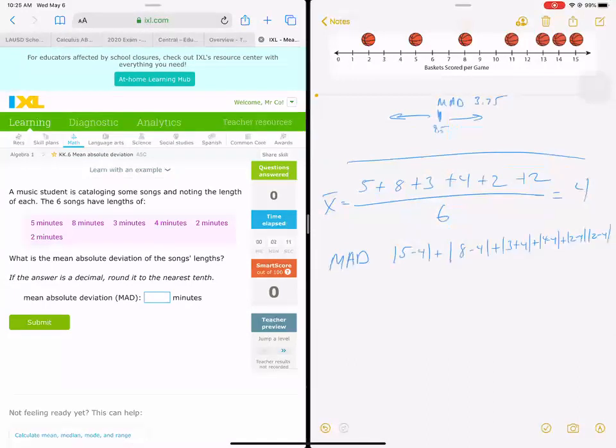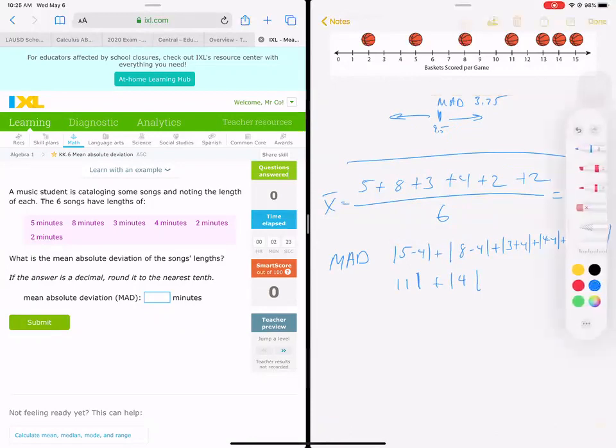So when we write that, this is going to be the absolute value of 1. 5 minus 4 is 1. 8 minus 4 is 4. 3 minus 4 is negative 1, so plus the absolute value of negative 1.